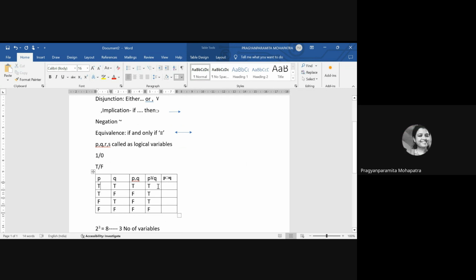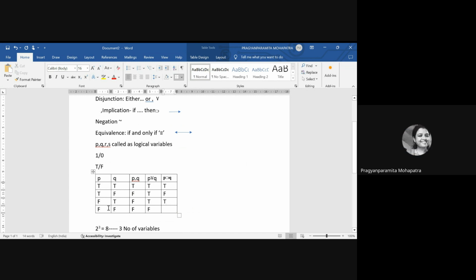Yes. So P true, Q true, P implication Q will be true. P true, Q false, P implication Q is false. P false, Q true, P implication Q is true.